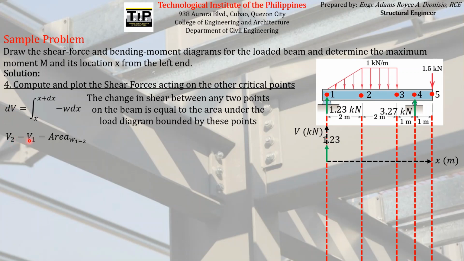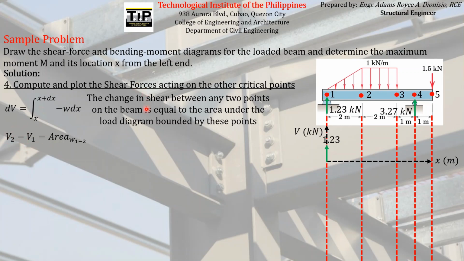So let's just cite a specific example. Say, for example, the shear force acting on critical point 2 is subtracted from the shear force acting on critical point 1.